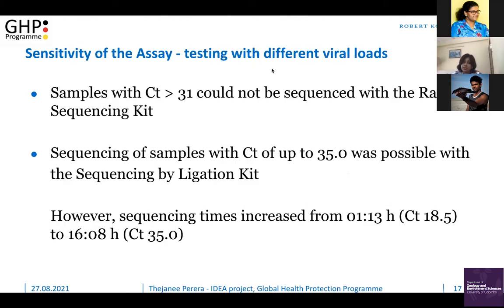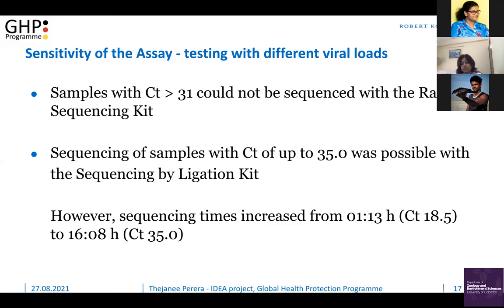Moving on to the sensitivity of the assay. To test the sensitivity, they tested it with different virus loads. Samples which had a low viral load, which means if the CT value is more than 31, could not be sequenced with the rapid sequencing kit. But if you use the ligation sequencing kit, you could sequence samples with CT up to 35.